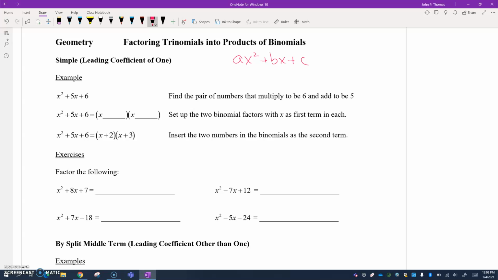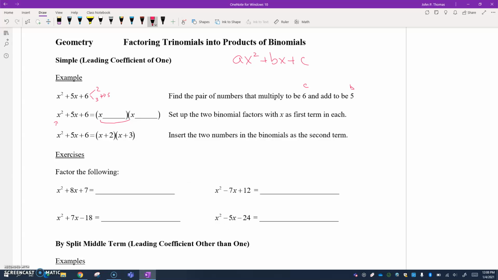So when we look at the first part, we're finding a number pair that multiplies to c and adds to b. When I look at 6, I've got 1 and 6, which doesn't work. 2 and 3 does work, because 2 plus 3 gives me the 5. Then we set up two binomials, two two-term factors, and in each of them we lead with an x, because x times x gives us x squared and matches that first term.